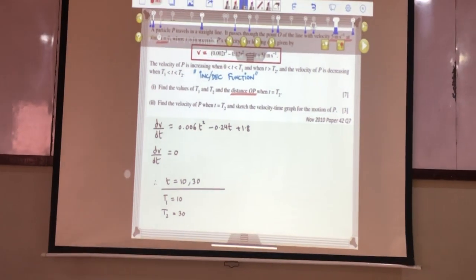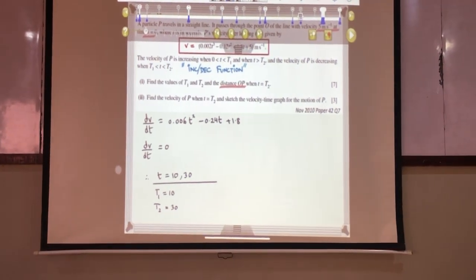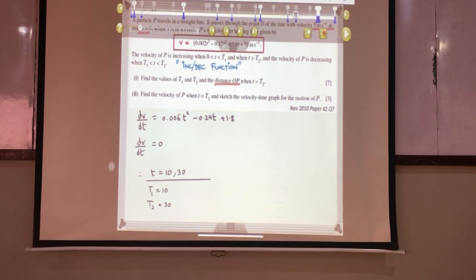So basically what they are trying to say is that even if you don't know how to draw a cubic sketch, you can draw it using the concept of increasing decreasing function of P1. Now first of all, it's asking find the value of t1 and t2. What you do is take the derivative of velocity, which is acceleration.